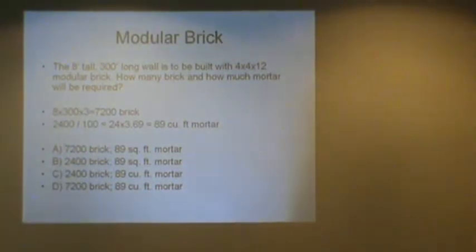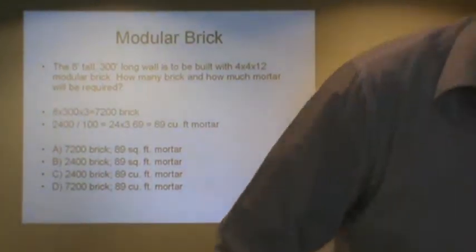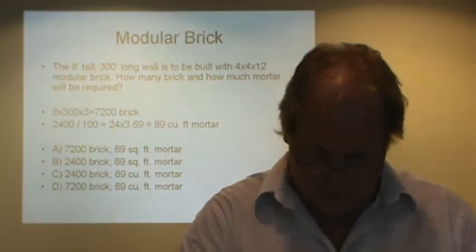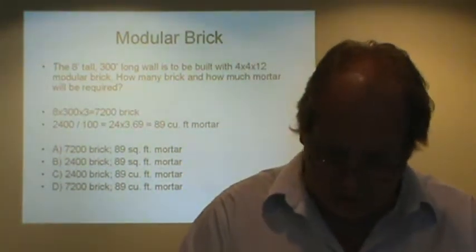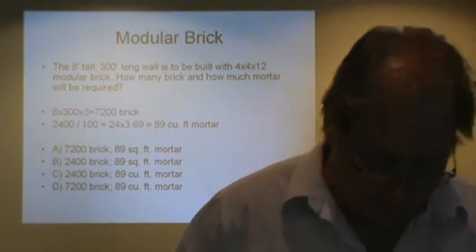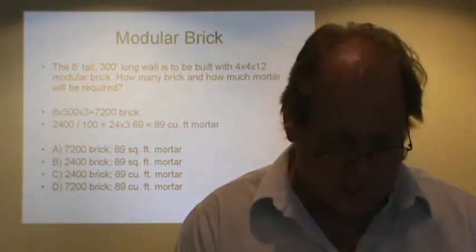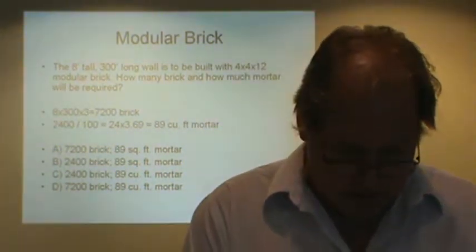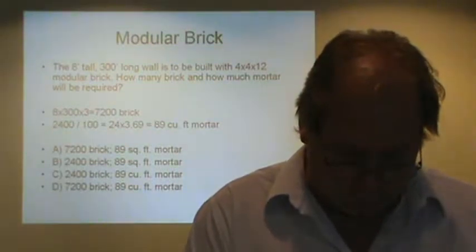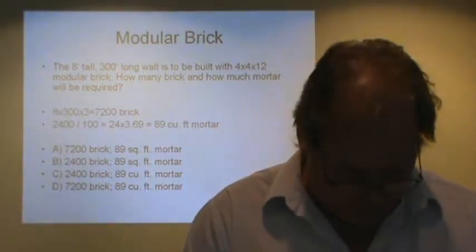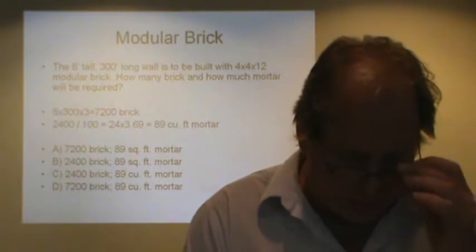Let's continue on in the Walker's. We're going to go to page 570 and talk about a brick cavity wall at the top of page 570. Let's read that third paragraph under brick cavity walls.